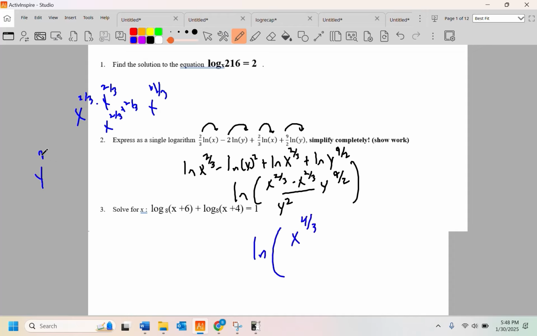Now, you talk about y to the 9/2 over y squared, okay? Your rule on this was x to the a over x to the b. You can do subtraction. In this case, it's x to the a minus b.